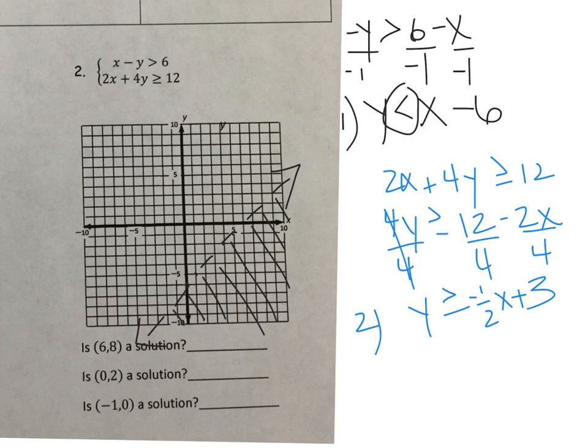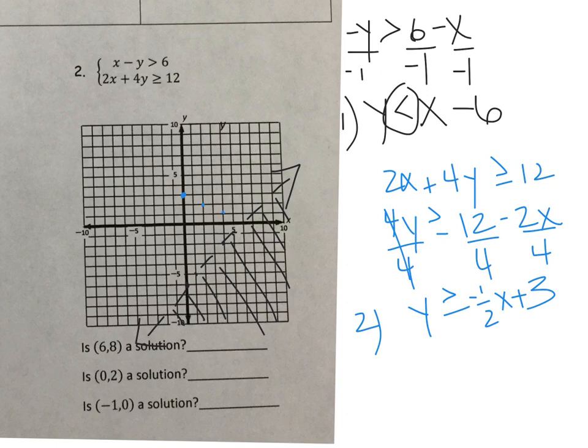That's not, however, the solution to the system. We have to graph the other one and determine that. So let me grab my blue. My y-intercept on my blue equation is 3. And my slope is -1/2, so that means I'm going to go down 1 and right 2.